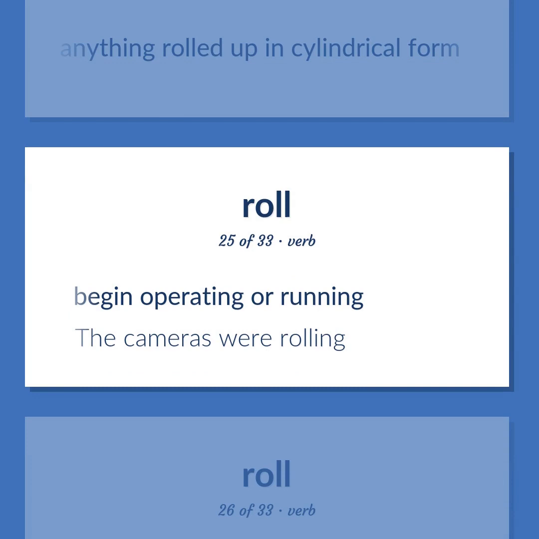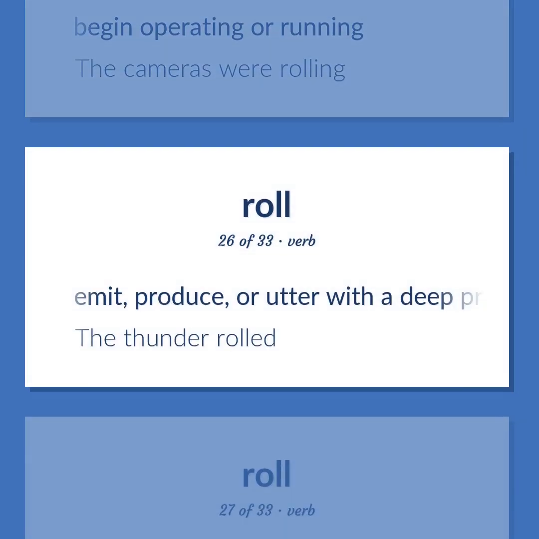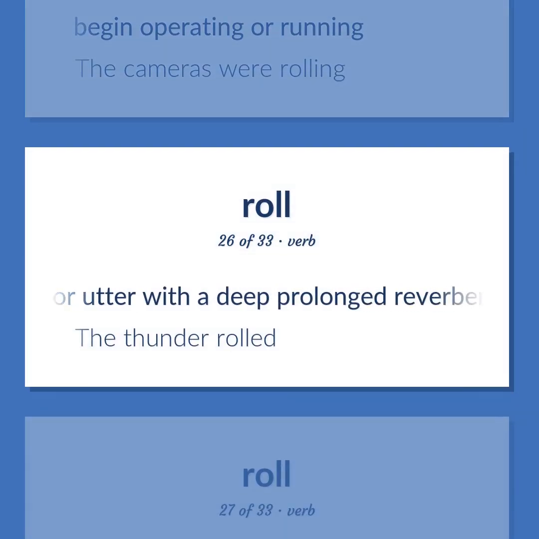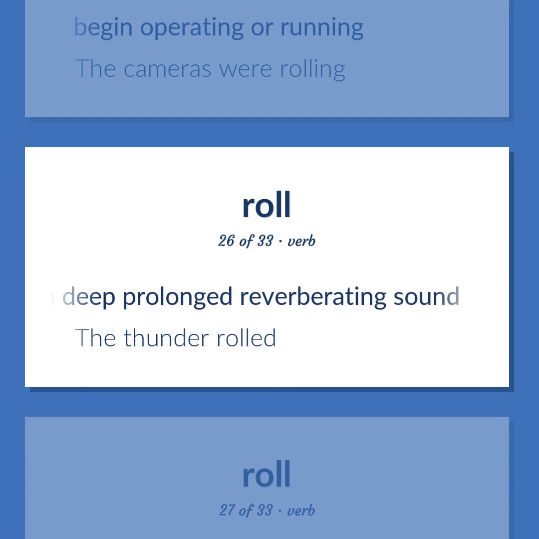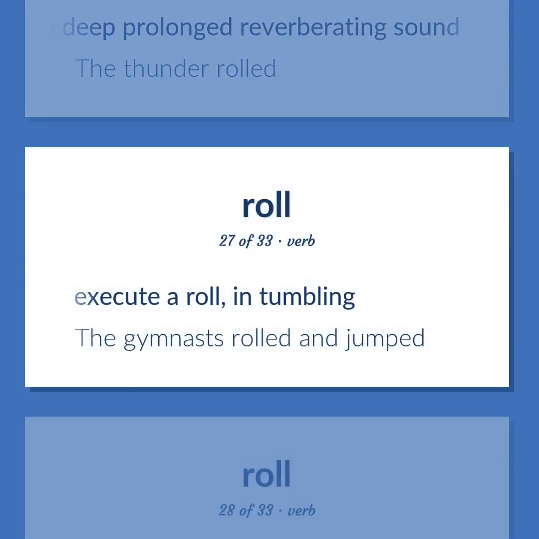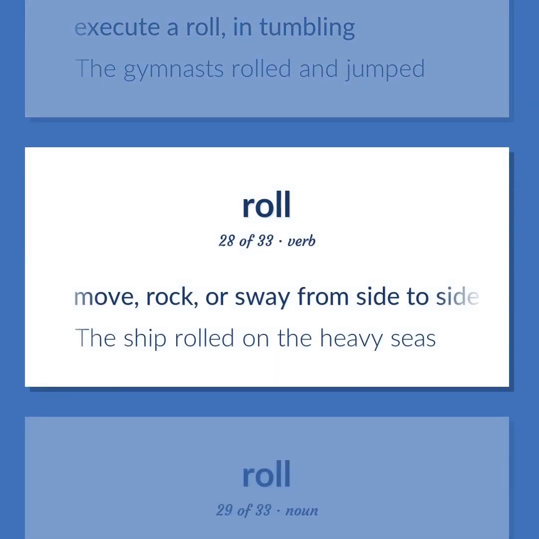Begin operating or running. The cameras were rolling. Emit, produce, or utter with a deep prolonged reverberating sound. The thunder rolled. Execute a roll, in tumbling. The gymnasts rolled and jumped. Move, rock, or sway from side to side. The ship rolled on the heavy seas.